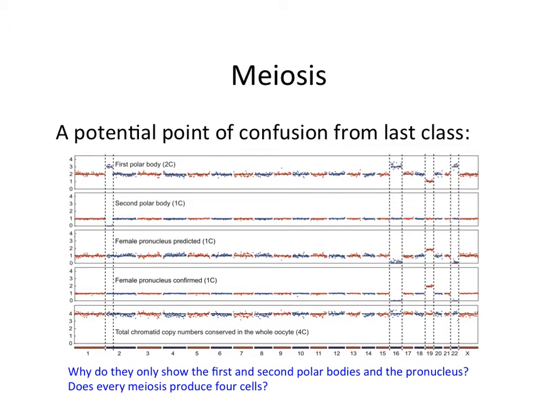Now, if this is spermatogenesis, what happens next? One stays behind, and then the other one divides. So how many meiotic products do you get out of spermatogenesis? 4.